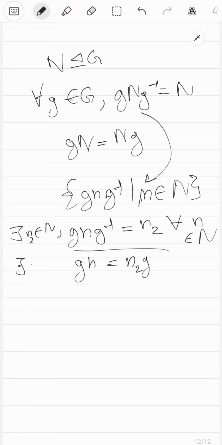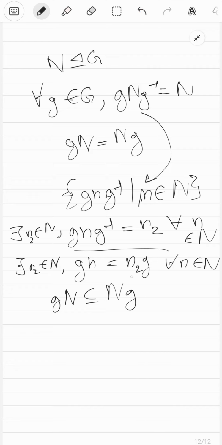There exists an n2 in capital N such that this happens for all n in N. And so essentially what you're saying is that gN is a subset of Ng, because it could be that they're all mapped to the same n2 or something like that.